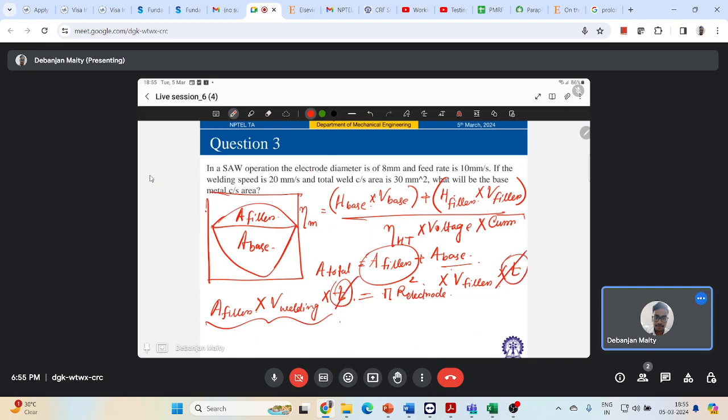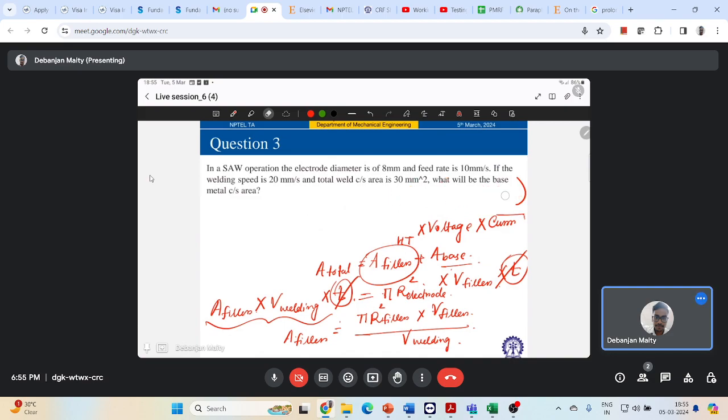You can neglect those weld times in this equation. And finally, we end up with the equation: my filler metal area will be pi r square into V filler, that is my feed rate, divided by this welding speed, right? So my A filler will be equal to what?